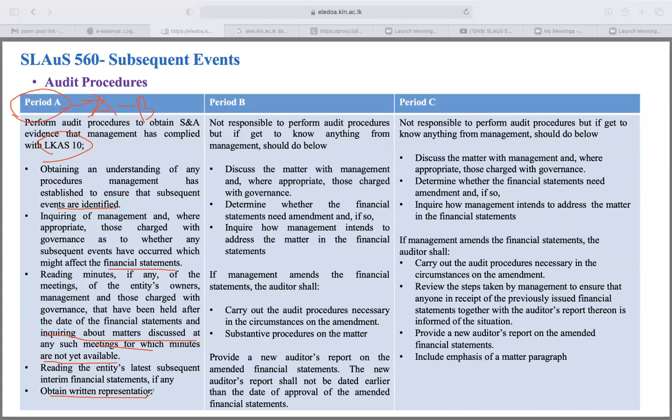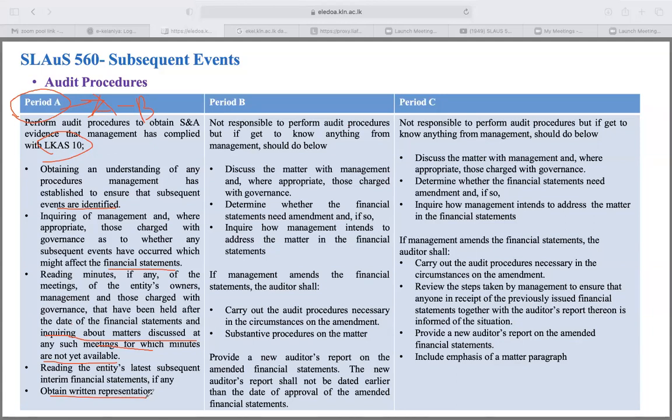Written representation means, actually, as an auditor we are providing a reasonable assurance, right? So we always try to minimize our risk as auditors. So we get a written representation providing evidence that management has recognized all the subsequent events that happened in this period.